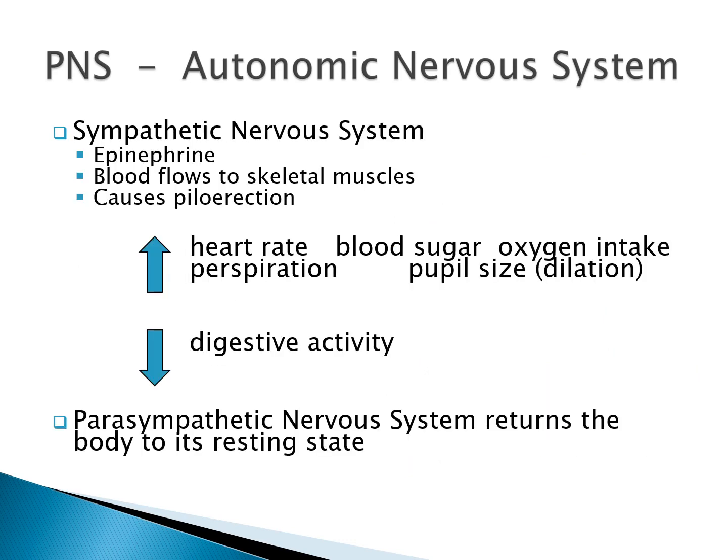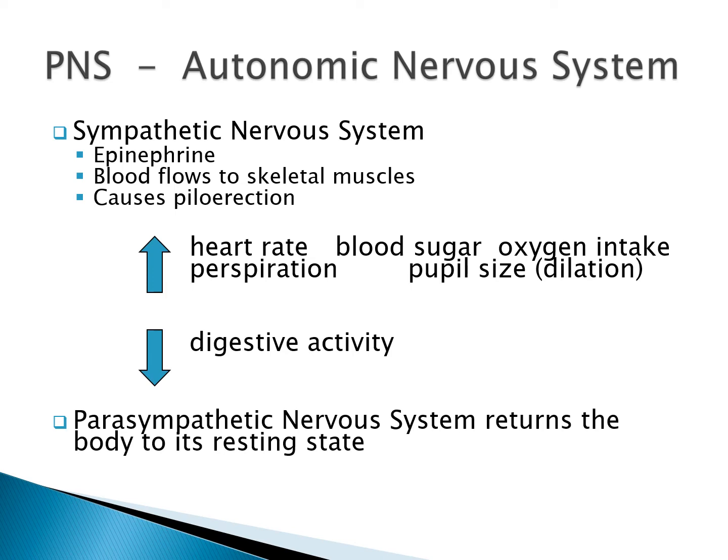I put the sympathetic nervous system and a synopsis of what it's doing on this slide, and then just have this awareness that the parasympathetic nervous system is returning the body to its resting state. It's not exactly doing the opposite of the sympathetic nervous system. First of all, sometimes they are both working at the same time, depending on what our body is going through.